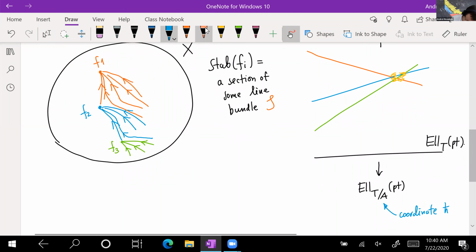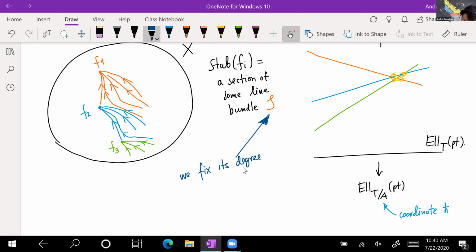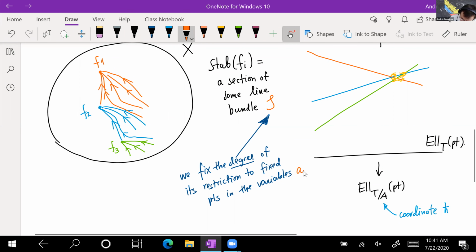We want to fix the degree. We will fix its degree, or rather the degree of its restriction to the fixed points, in the variable A. We talked at length about degrees of line bundles on the abelian variety last time.